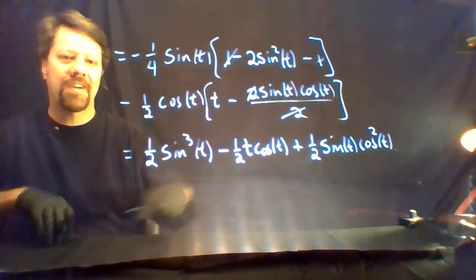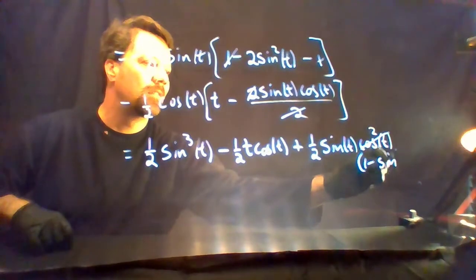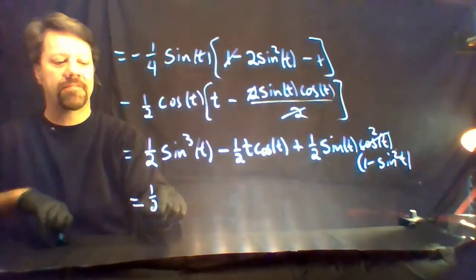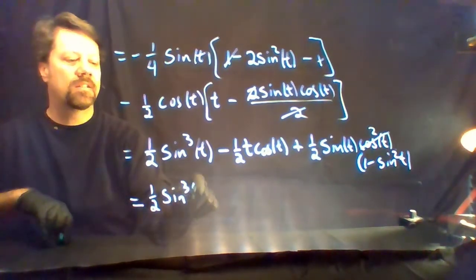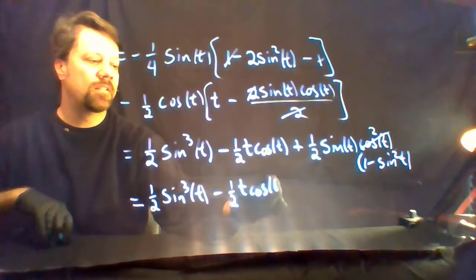We can simplify this last term by replacing cosine squared with 1 minus sine squared t. We'll have 1/2 sine cubed of t minus 1/2 t cosine of t.